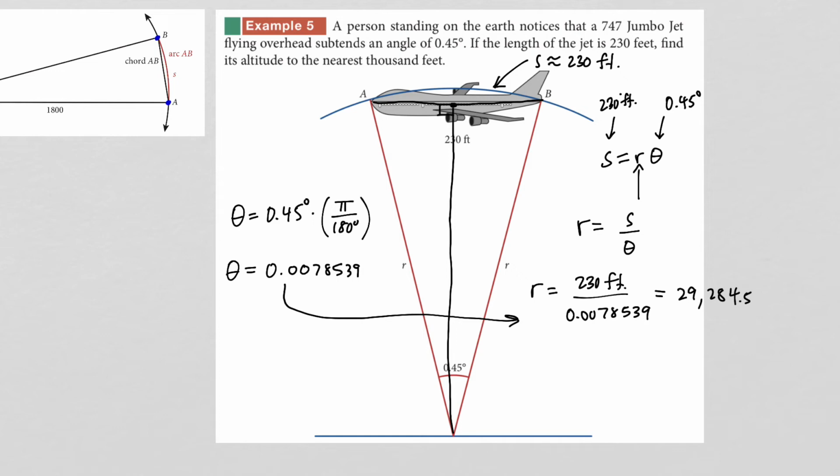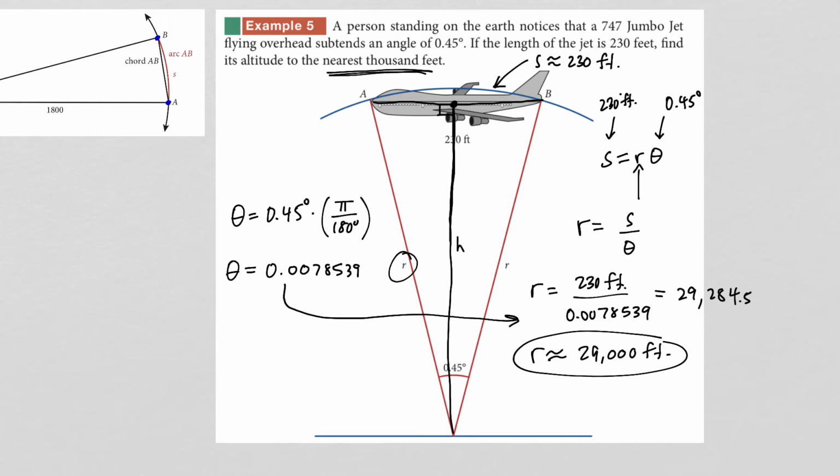29,284.5. Okay? All right. Now, that value of R, if you approximate it to the nearest 1,000 feet, would be 29,000 feet. Okay? That's what they tell us to do here. But R is not what we're looking for, right? We're looking for the altitude of the jet. We already said the altitude was the distance from here straight down, right?